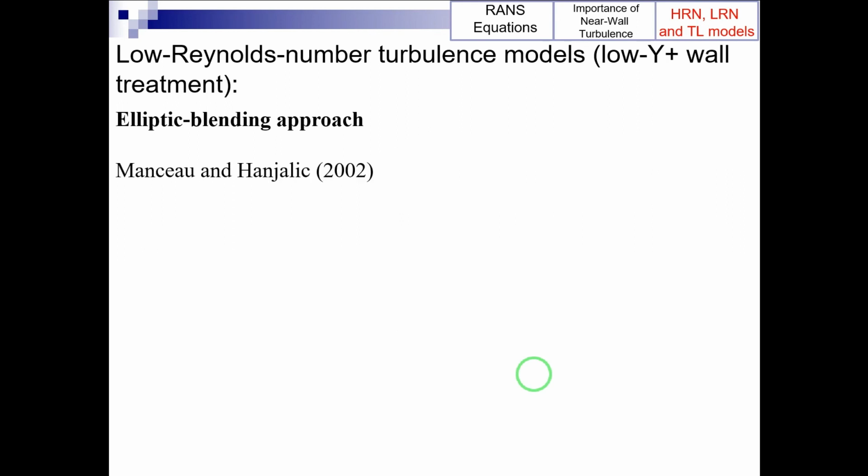Okay, Manceau and Hanjalic in 2002 proposed a new formulation for Reynolds stress turbulence models to make the model proposed by Durbin in 1993 more industry friendly and to get rid of the f equation, which in fact was causing a lot of problems. They replaced the f with a scalar function alpha, which reflects the elliptic relaxation.